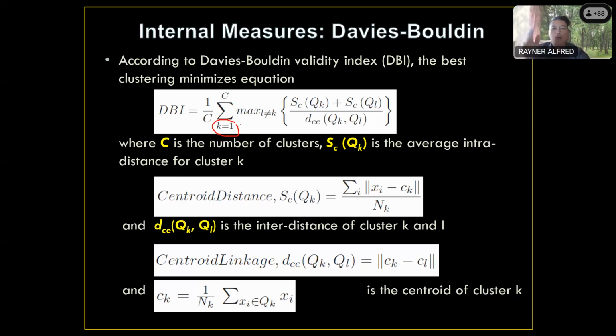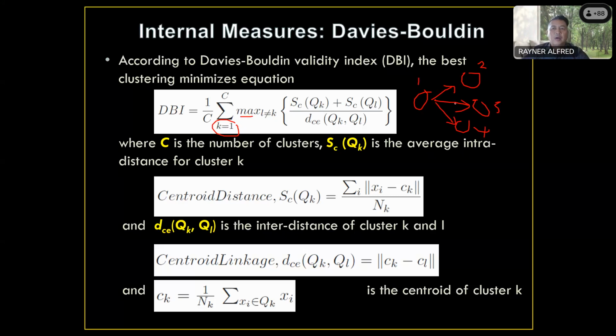So that means if I have 4 cluster, right? So I will start with cluster number 1. This is 3. This is okay. So the aim is I want to take the worst scenario that I can get between cluster 2, cluster 3, and cluster 4. So I will only pick one, which is the worst one. So that's why they call it max here.